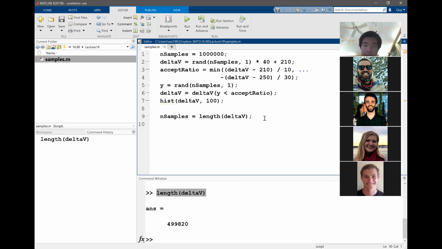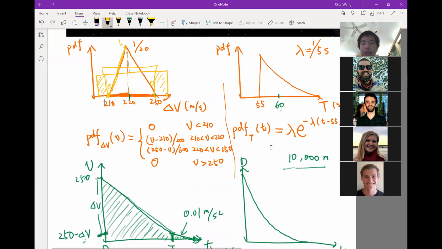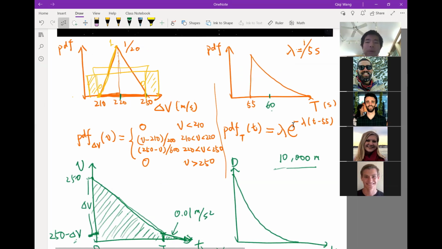the time of the burn, so t. Okay, so t is an exponential distribution. So how do we sample such an exponential distribution?